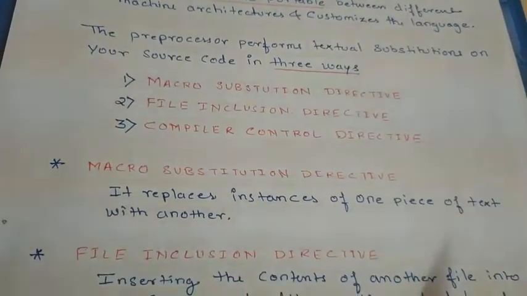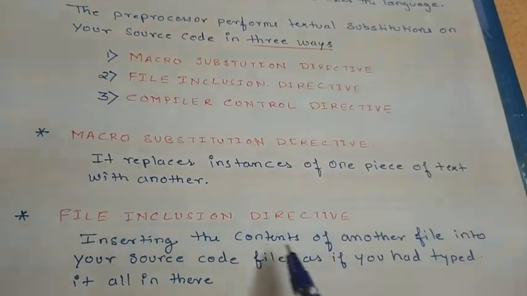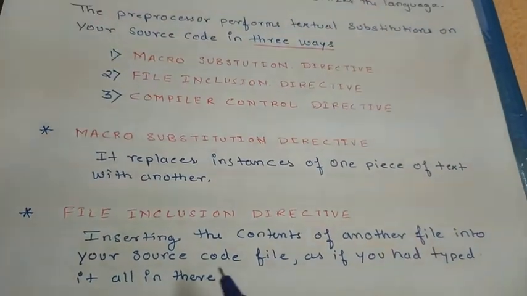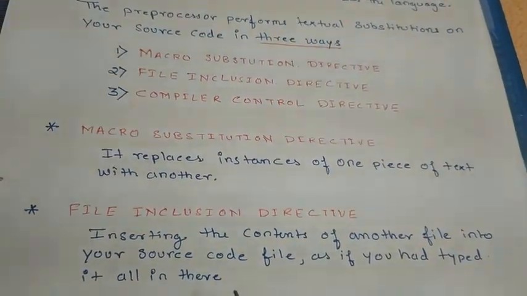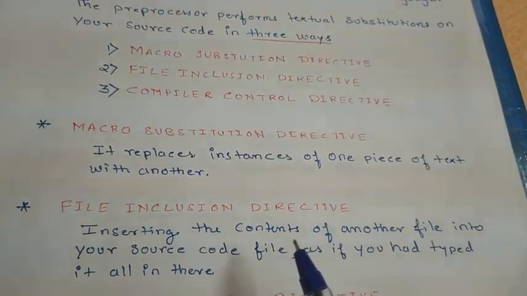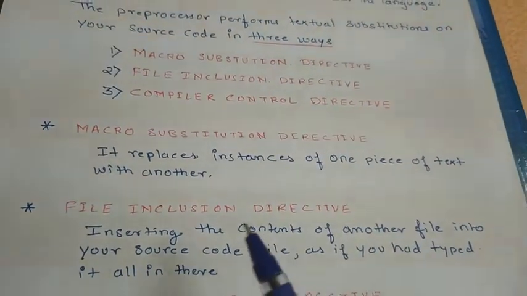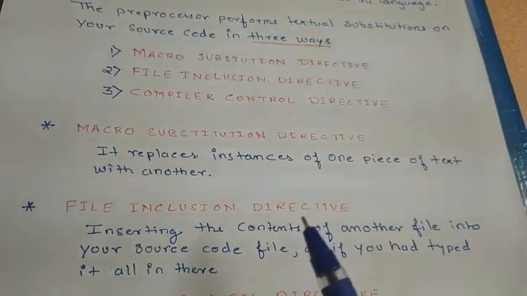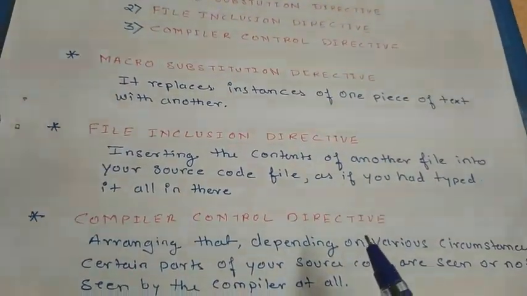The second one is the file inclusion directive. It inserts the contents of another file into your source code file, as if you had typed it all in there. So a separate file containing a certain piece of code can be included in your own program using this file inclusion directive. And the third one is your compiler control directive.